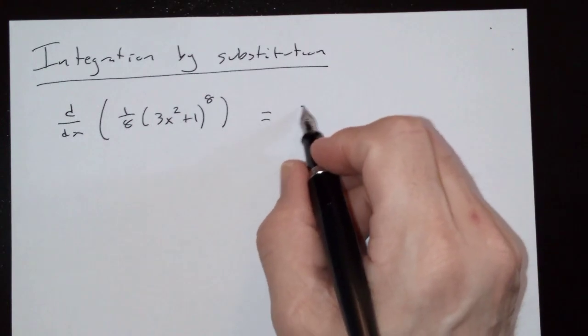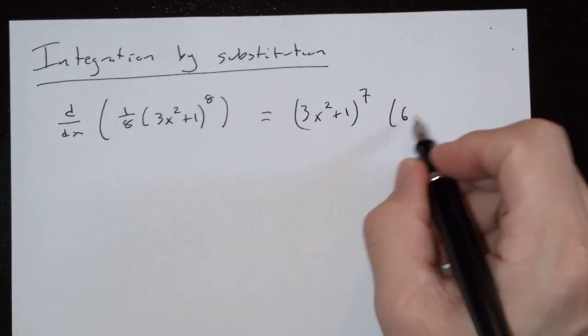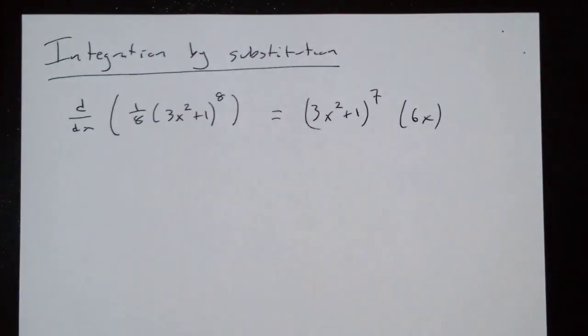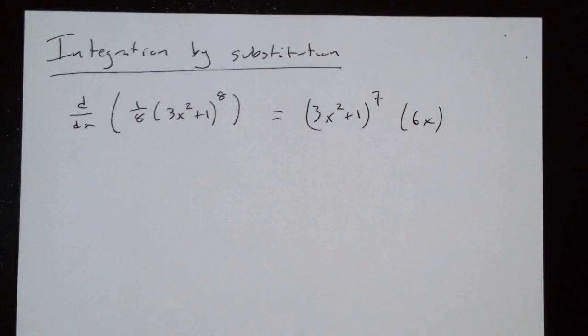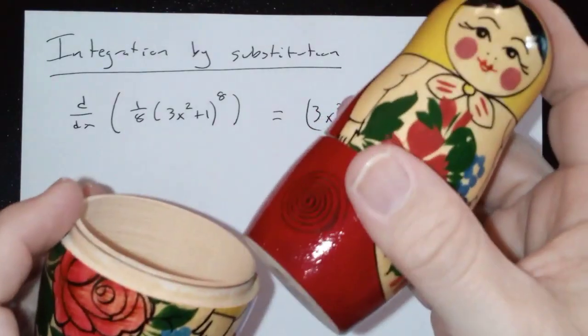Three x plus one to the power 7, and 6x. And this comes from our chain rule. I end up with the derivative of the inside again.